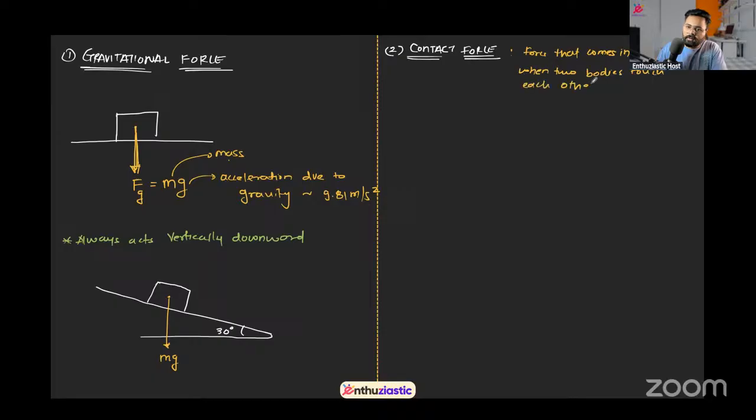There are two types of contact force that we have. One is called the normal force, another is called the friction force. Let's quickly talk about the normal force.